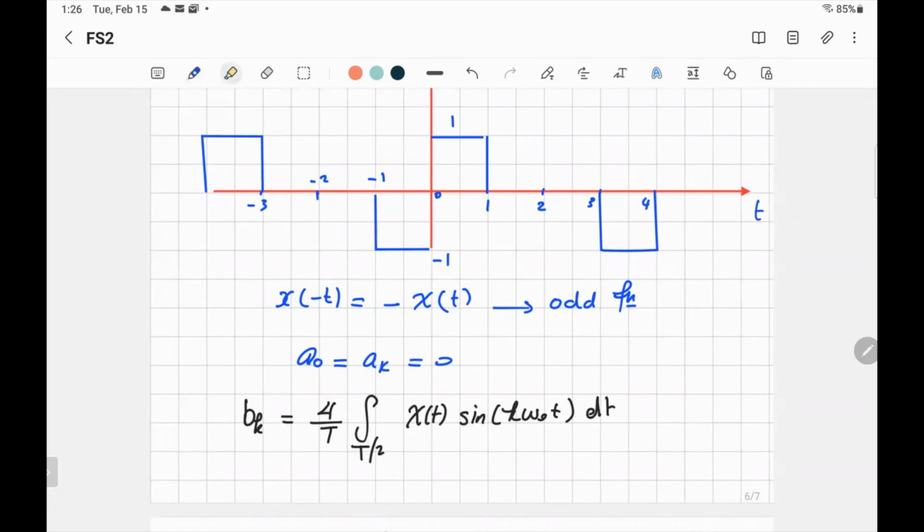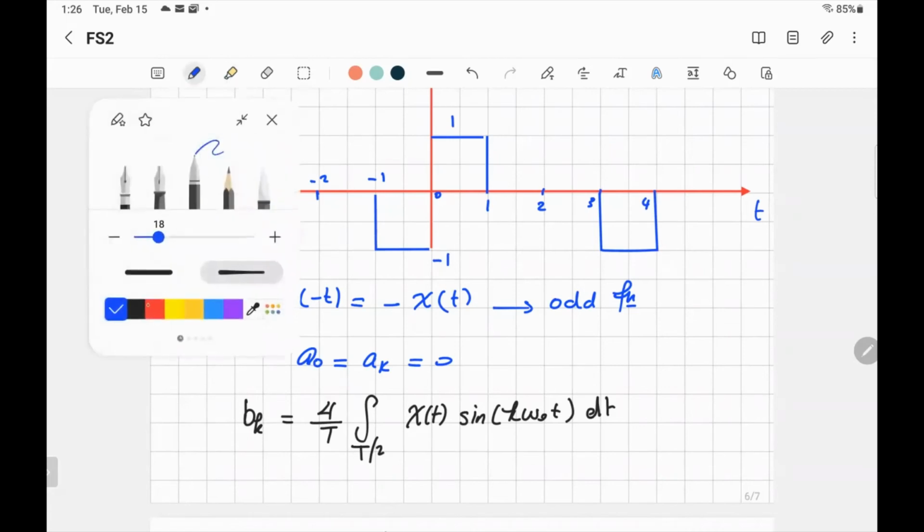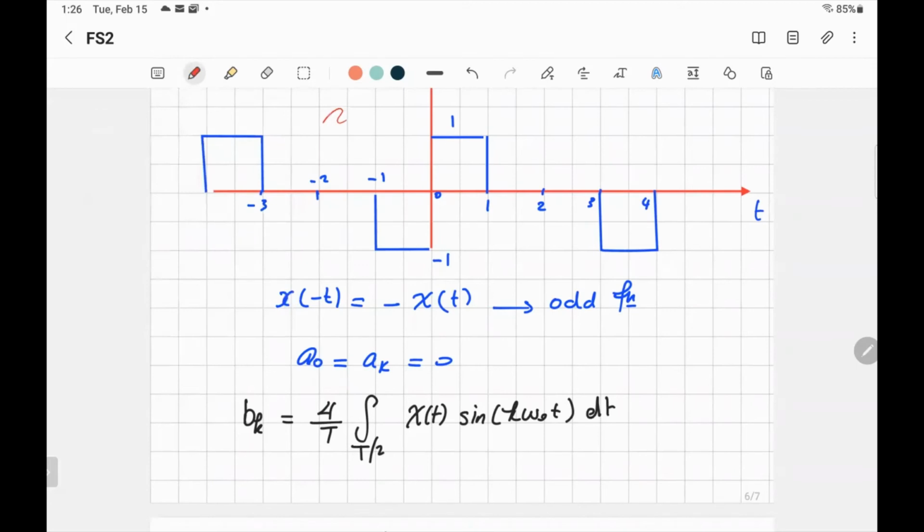So I'll say that the period of this function starts from -2 up to +2. It doesn't make a difference, but I like it this way, so when I split it into halves, it'll be easy. When I make integration over the whole period, I integrate from -2 to 0 and from 0 to 2.